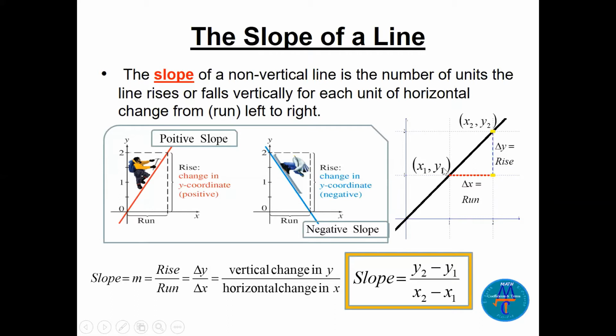So y2 minus y1 divided by the horizontal change in the x, which is the run, the x values, x2 minus x1. So the important definition to remember for the slope is y2 minus y1 divided by x2 minus x1. This is if 2 points are known on the line.